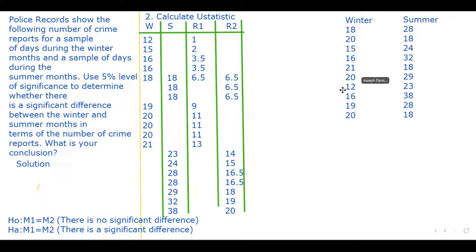We have to sum up R1 and R2. So do that one for me. Sum up R1 and R2 for me. Okay, I'm on it.